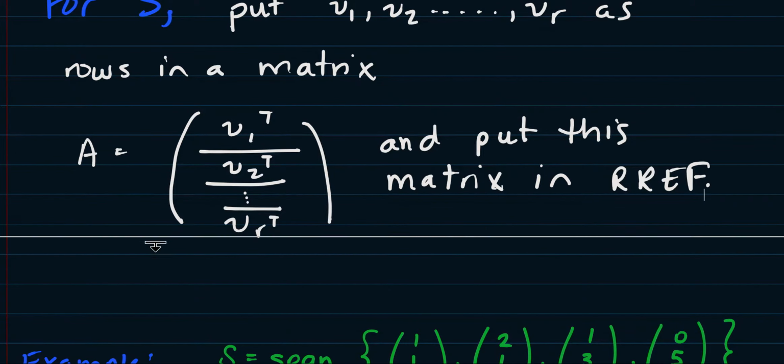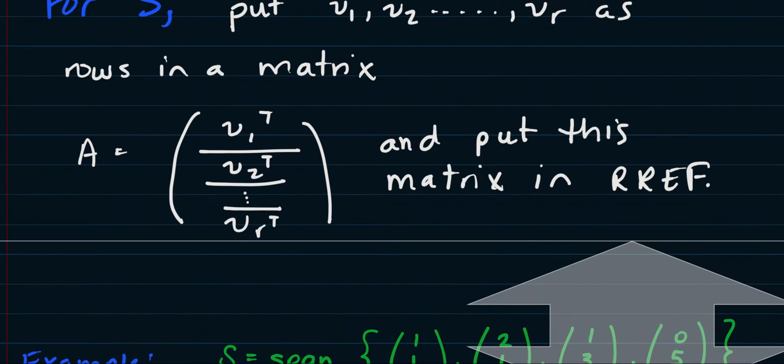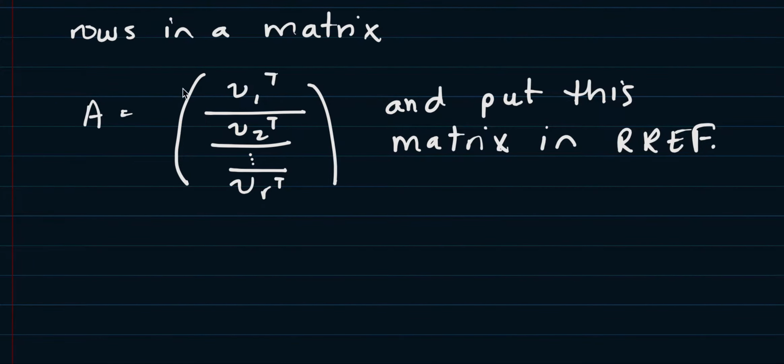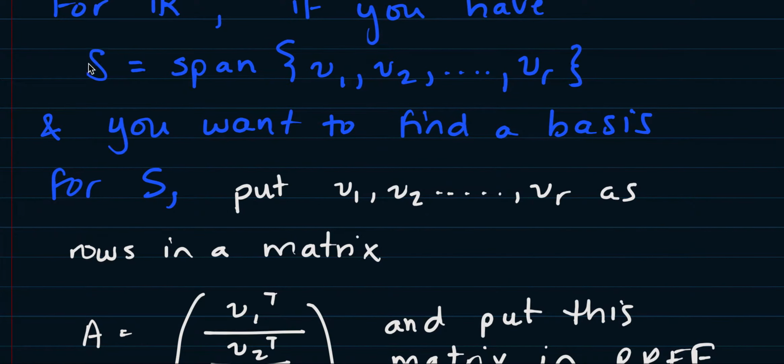If you do that, then remember that the span of our original vectors, V1 through Vr, you want to find a linearly independent set from the span.